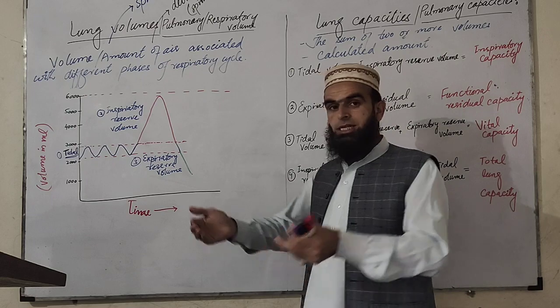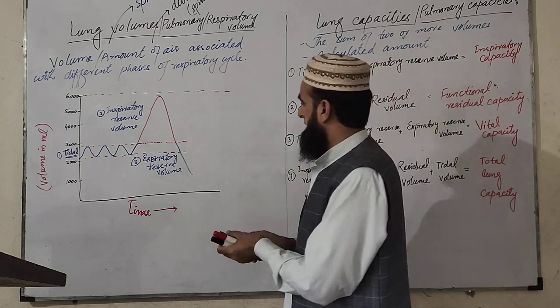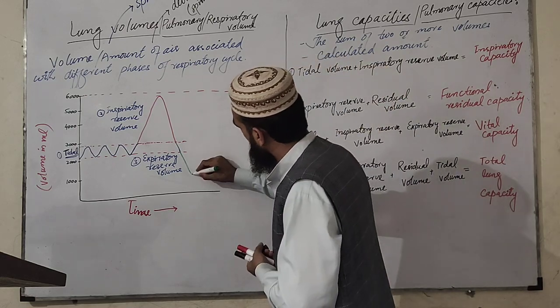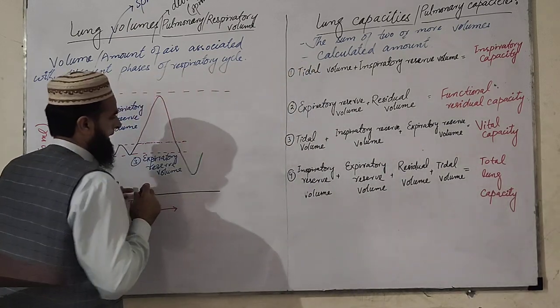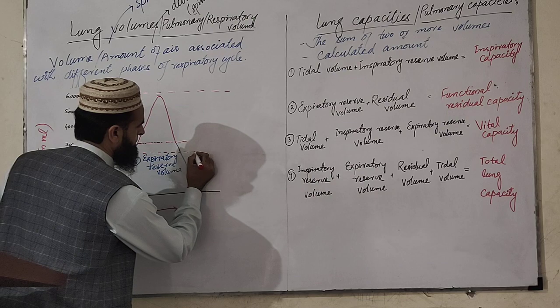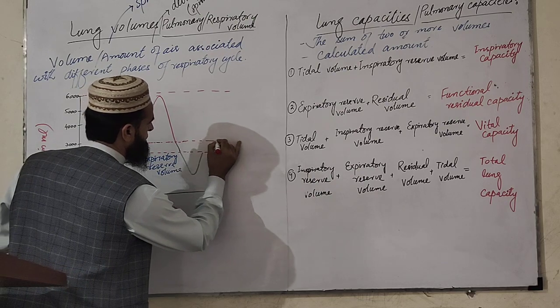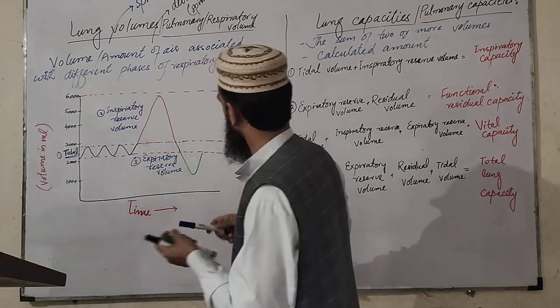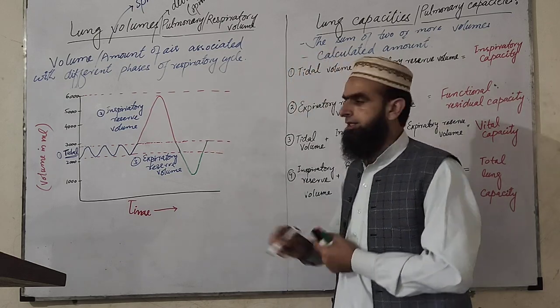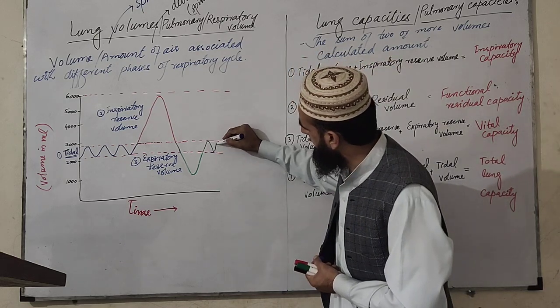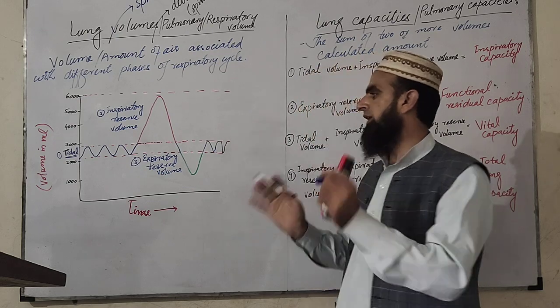So when we take in air again, this amount of air will be taken in first, and then after that the tidal air is inhaled, and in this way the tidal inspiration takes place normally.